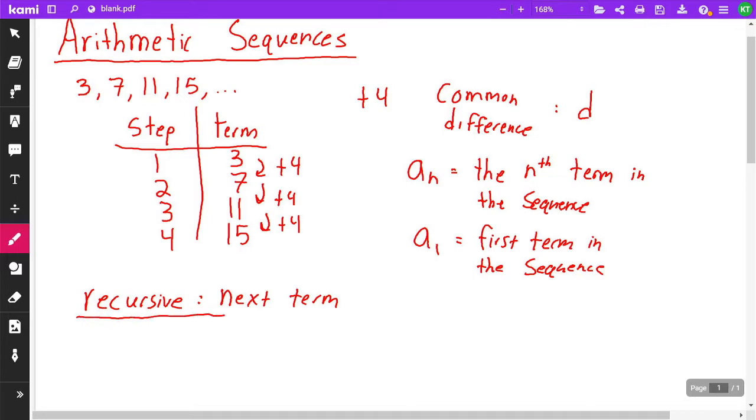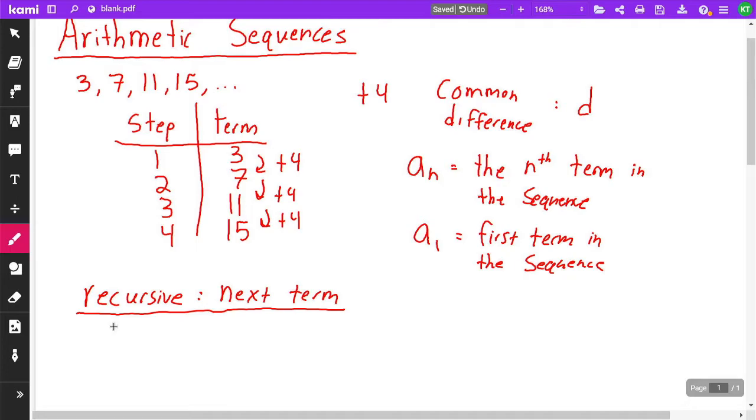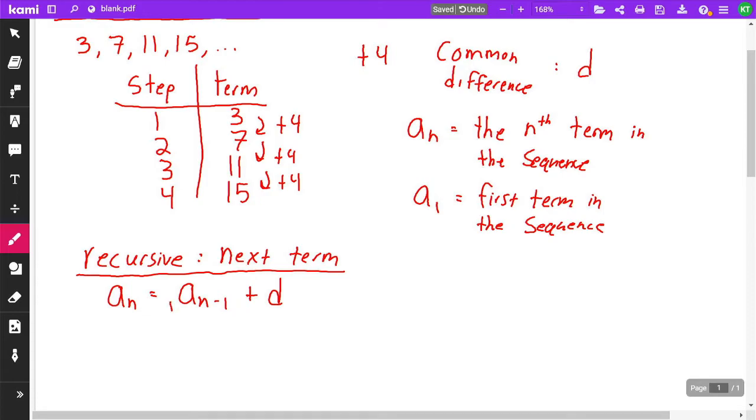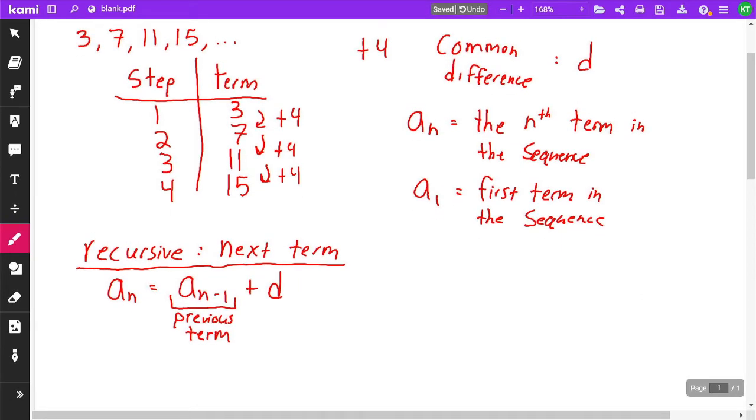And so our formula for our arithmetic recursive is going to be a sub n, so our term, is equal to a sub n minus 1, this is a little bit different, we'll get into that in a second, plus our common difference. So in this case, a sub n minus 1, this is our previous term. And we'll get into that in our example here.